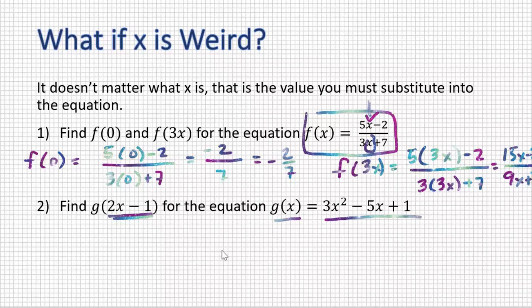And everywhere that we see an x, we're going to replace that with 2x minus 1. So we get 3 times 2x minus 1, all squared, minus 5 times 2x minus 1 plus 1. I'm going to leave this one as is and not expand it.